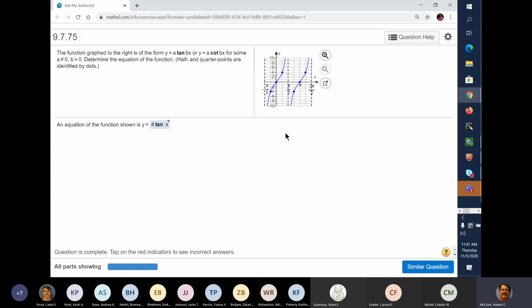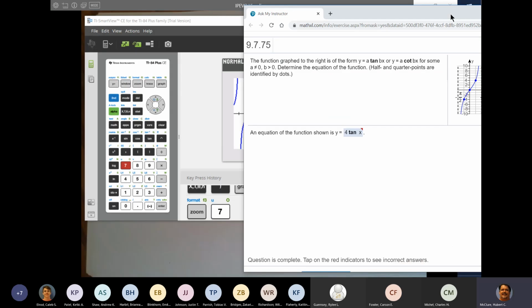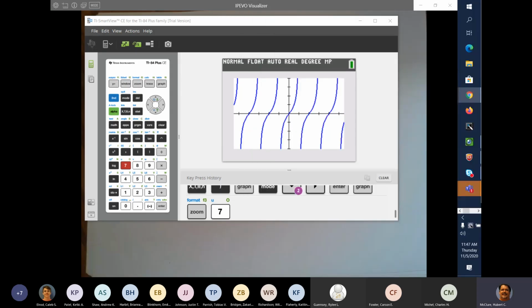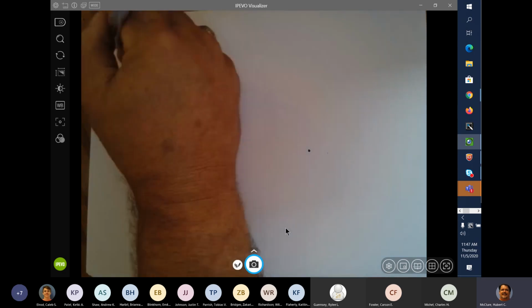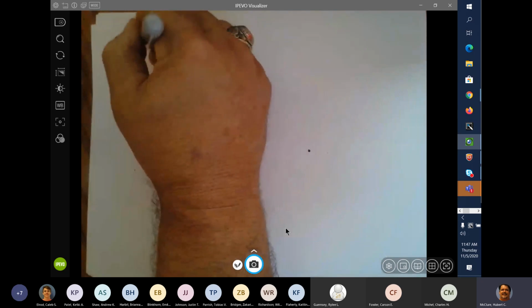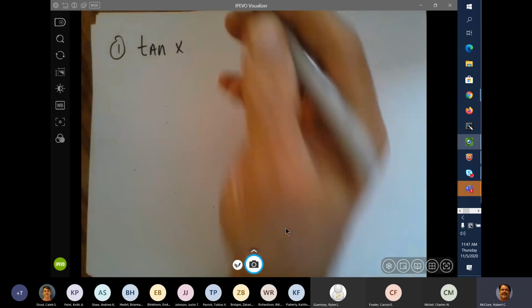In this question that I got, first of all, they ask you to find whether it's tan or cotan. So of course we match it up to our calculator and we find out that it's the tan.